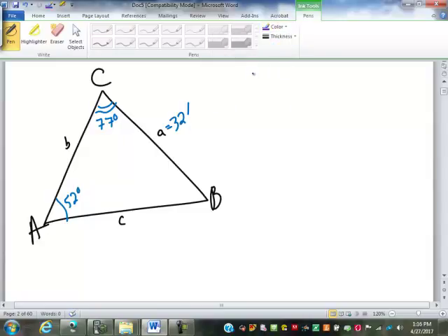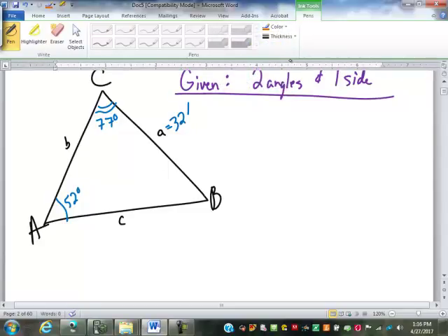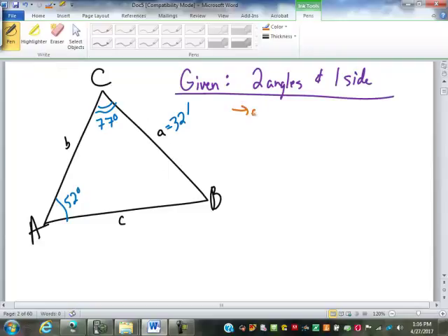If we have two angles and one side given to us, this is the simplest case. If we have two angles and one side, there is only one possible solution, which is a good thing. We don't like in math having multiple possible answers to the same question, right? We prefer one correct answer.